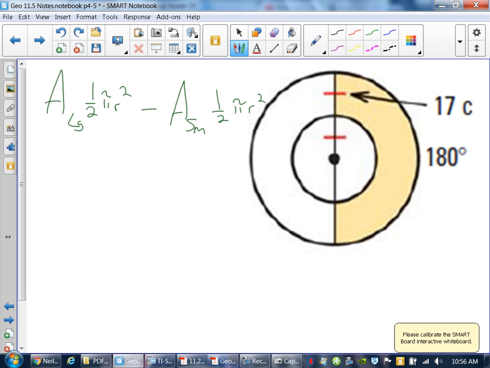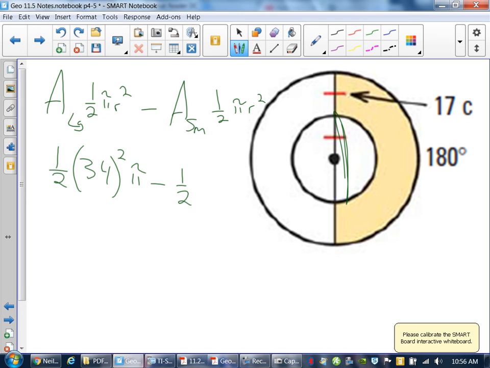The large circle has a radius of 17 and 17, which is 34. So it's going to be 1/2 of 34 squared times pi, and then subtract out 1/2 of 17 squared times pi.